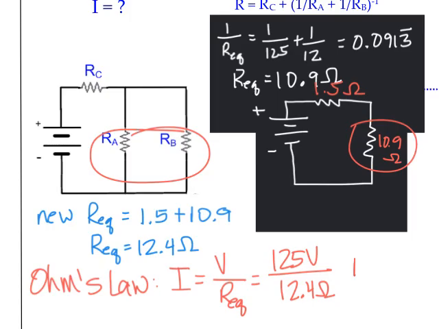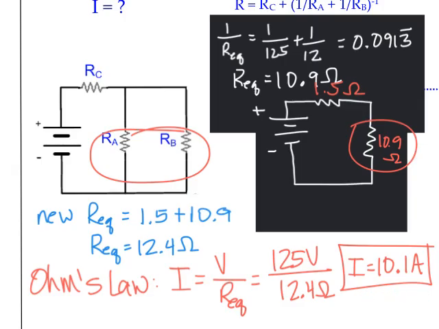And you should discover that we end up with a current of about 10.1 amps. And notice that's a lot bigger than the 1 amp previously when the hairdryer was turned off. So hopefully you can tell that when you add resistors in parallel with each other, that decreases the overall resistance, and what that does is it increases the current dramatically.